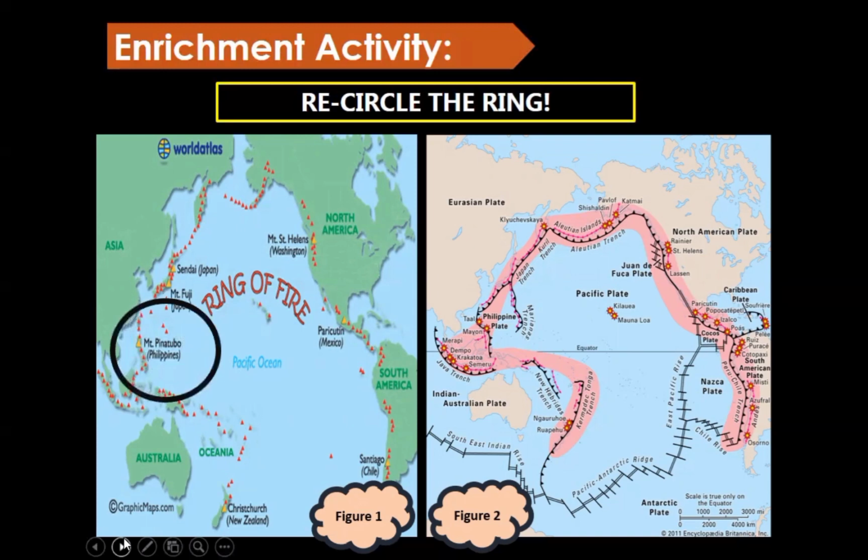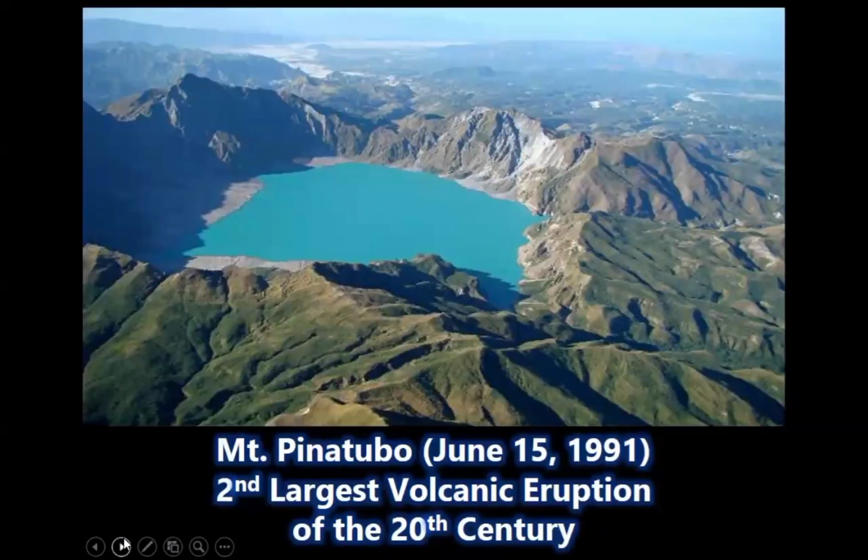You probably say Mount Pinatubo, an active volcano located on the island of Luzon in the Philippines at the intersections of the borders of the provinces of Zambales, Tarlac, and Pampanga. Did you know that on June 15, 1991, Mount Pinatubo exploded, which was the second largest volcanic eruption in the 20th century?